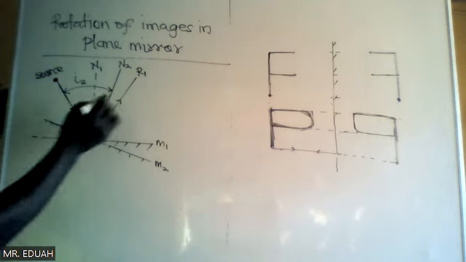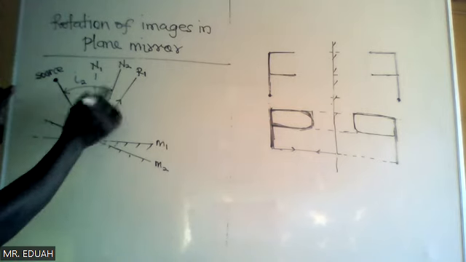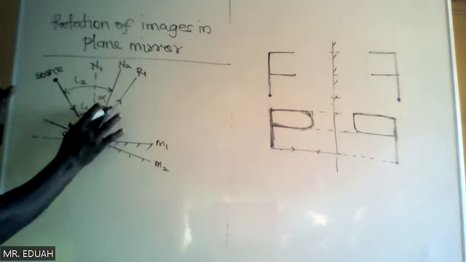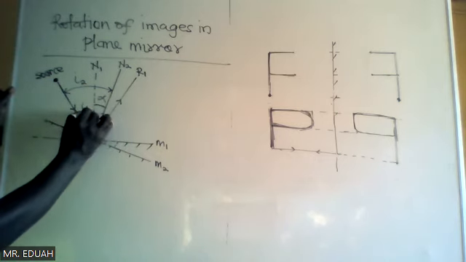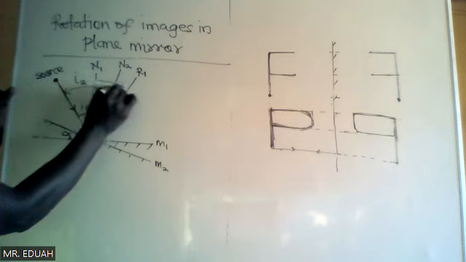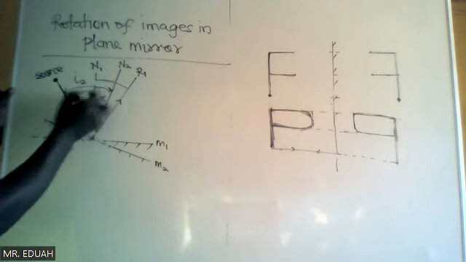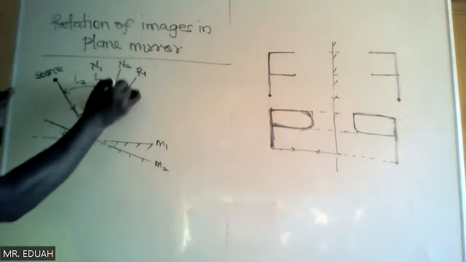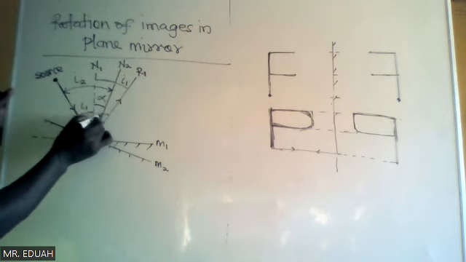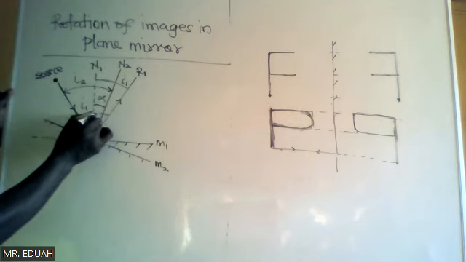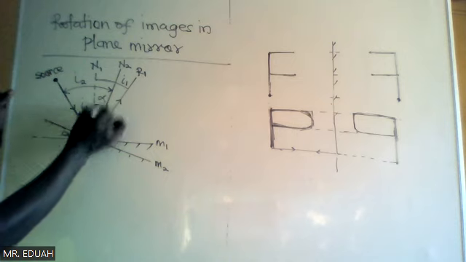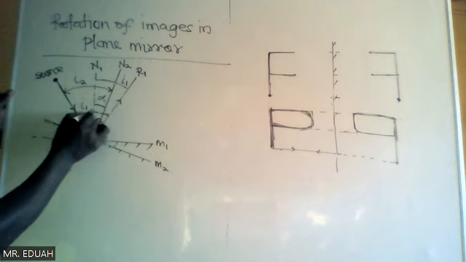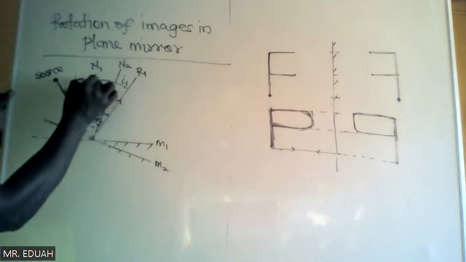Then for the first situation, this is also the angle of reflection, which is also equal to I1, because angle of incidence equals angle of reflection. So from here to here will be the same as from here to here, but we are bringing it upward here. So if there's I1, this will also be I1.